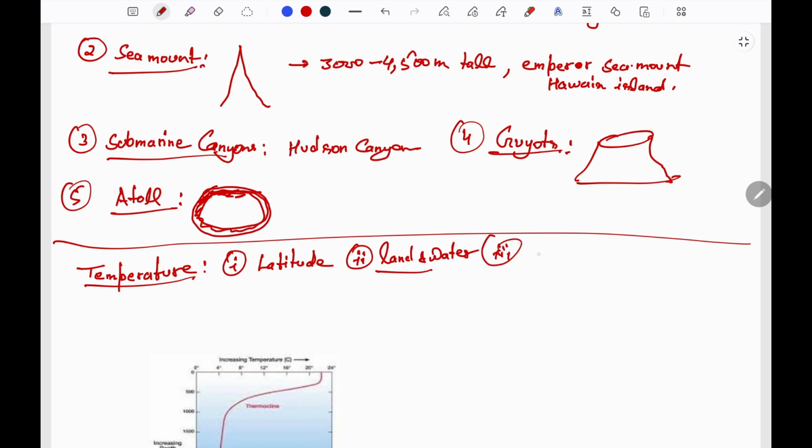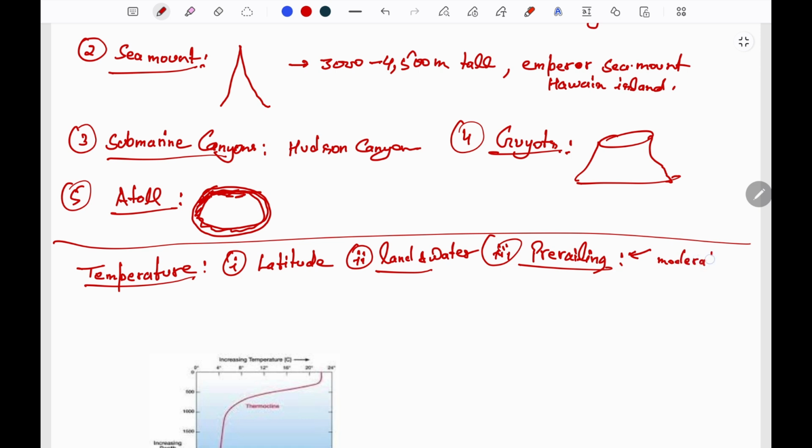Third one is prevailing wind. If the wind is carrying the water away from the coast, then there will be upwelling of the cold current near the coast, and the cold current will make the temperature moderate. So if the wind is blowing away from the coast, then it will moderate the temperature.